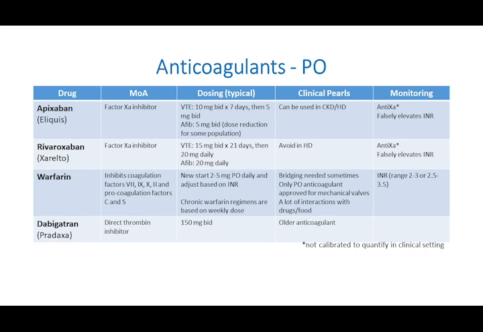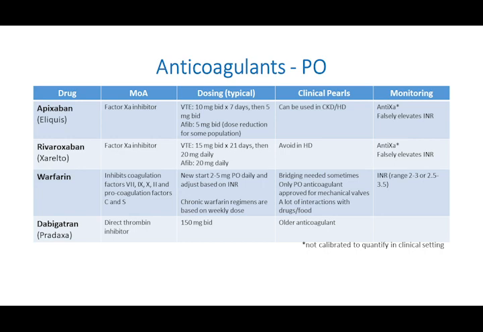And lastly, kind of an honorary mention for dabigatran. It is a direct thrombin inhibitor, so another oral anticoagulant. The typical dose is 150 milligrams twice a day. It is, like I said, older.